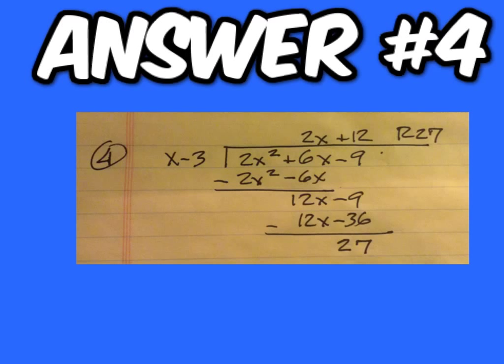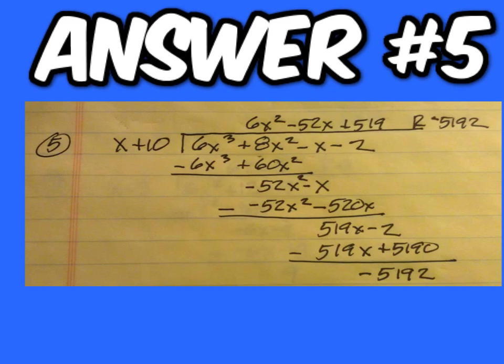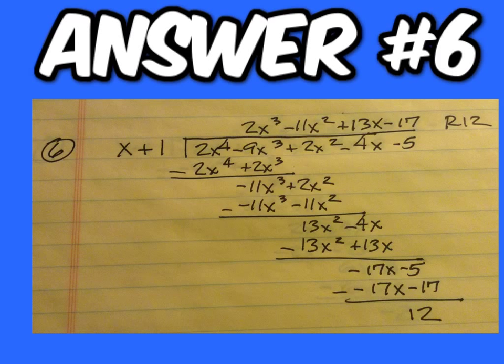Number 4 should be 2x plus 12, remainder 27. Number 5 is 6x squared minus 52x plus 519, remainder -5192. Next, 2x to the third minus 11x squared plus 13x minus 17, remainder 12.